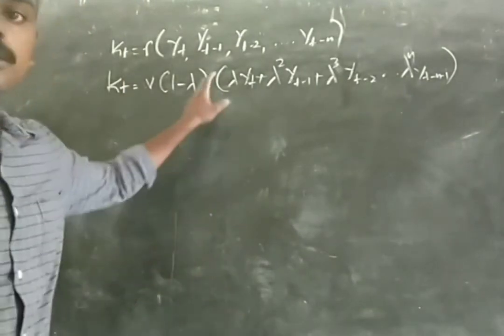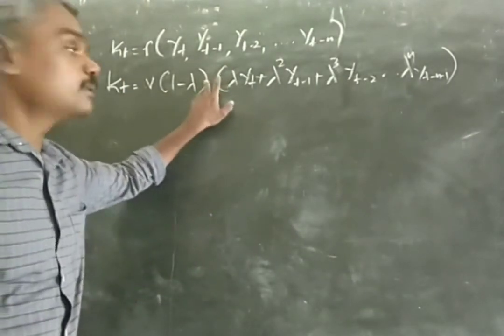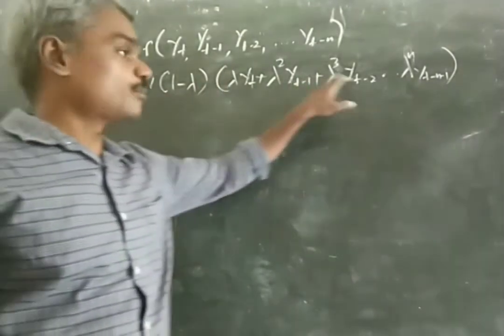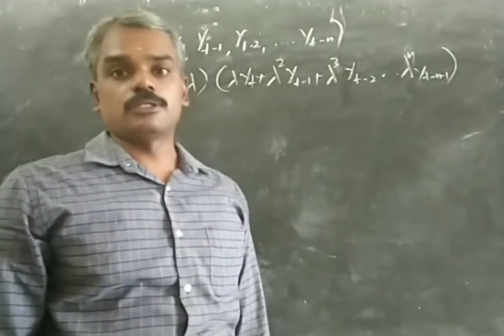Okay, so this is the way that flexible acceleration theories model the current capital stock.